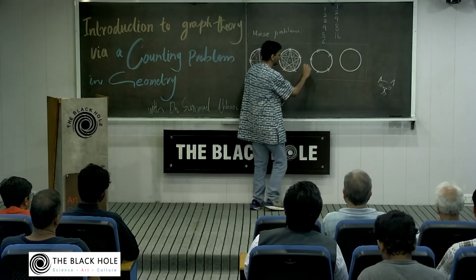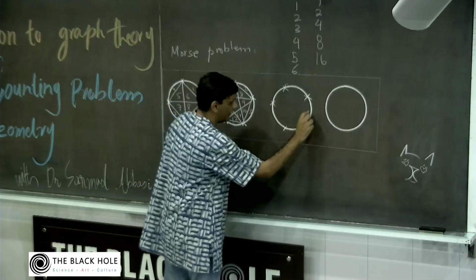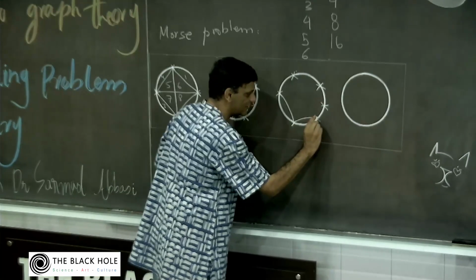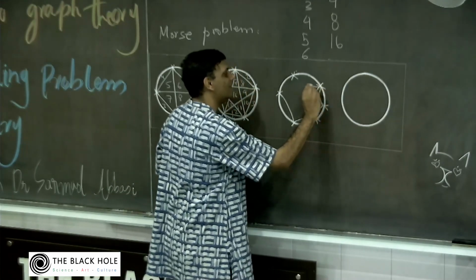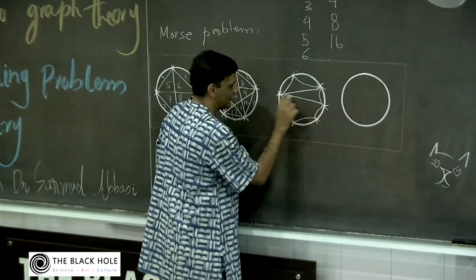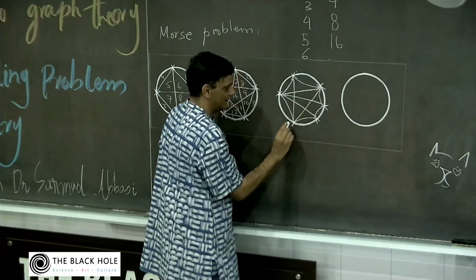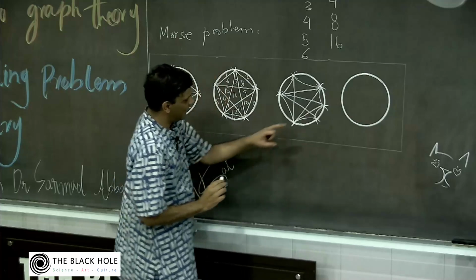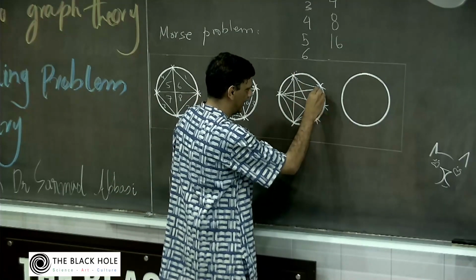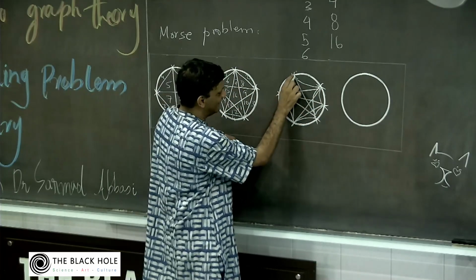So let me try this. I was hoping these circles would be bigger. 1, 2, 3, 4, 5. Okay, so I need one more. 6. All right, and this gets connected. Whoops, I have no idea how I'm going to count these.